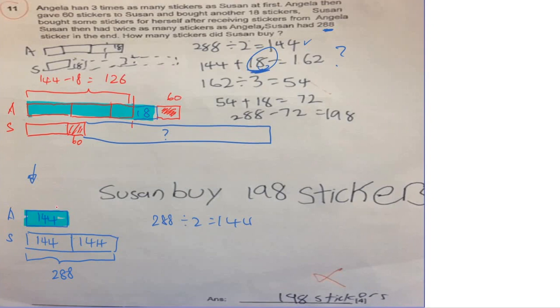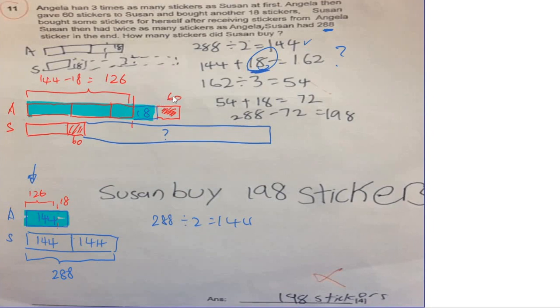So this portion here is 126, and here is the 18 that she bought. Until here we are quite clear, right? Over here is 126.